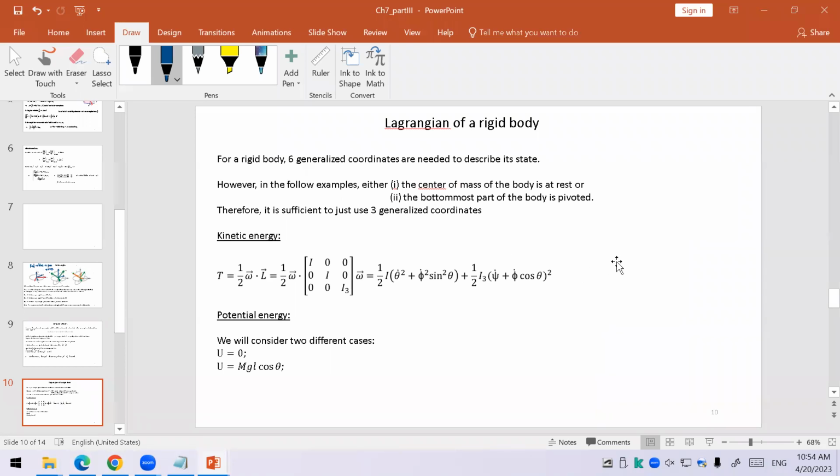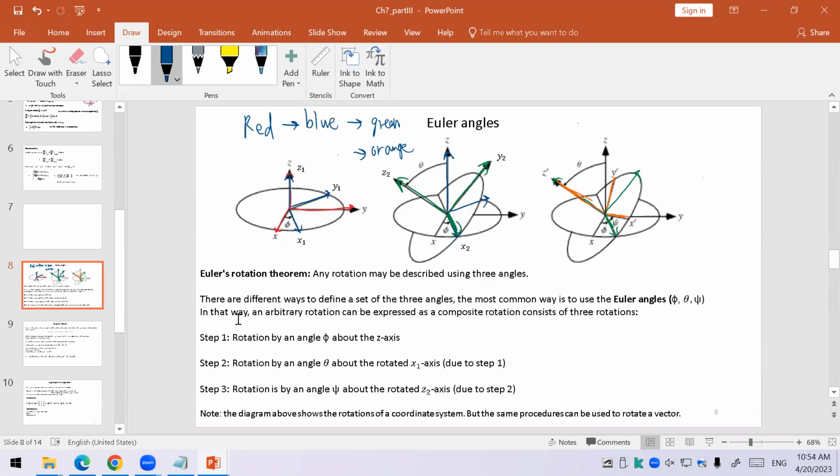So actually, in general, if I talk about the rigid body, this rotation is one thing, right? But the other part you know already would be the translational motion, right? So for that translational motion, you will need another three coordinates to describe, right? Just the x, y, z position of the center of mass, let's say. Right. So then you will need those three, and then also the three angles, the Euler angles that I just talked about.